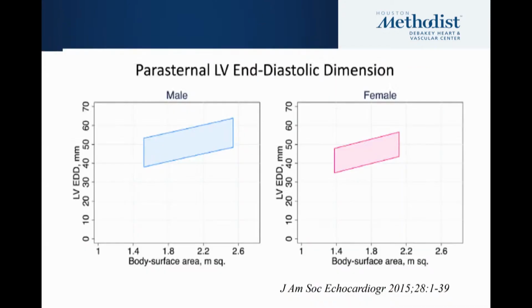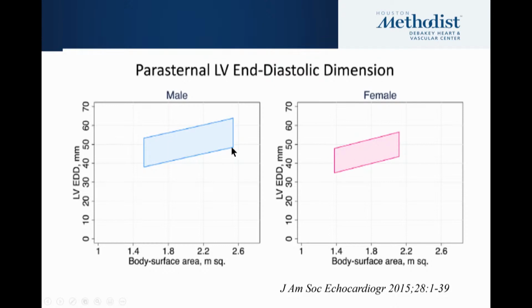So these measurements vary between men and women, and they vary with size. So notice that a real big football player with a body surface area of 2.5, 2.6 could have an end diastolic dimension as big as 6 centimeters. Likewise, a big lady would have dimensions of 5.5, 5.6.